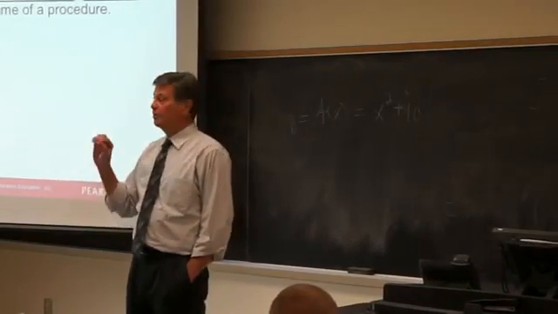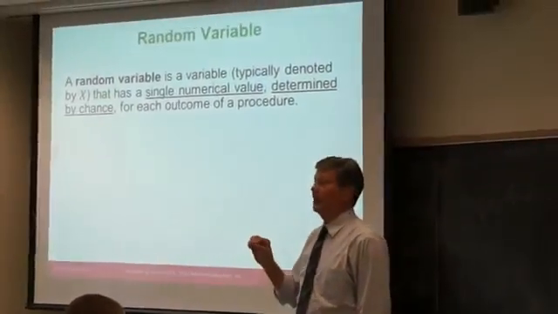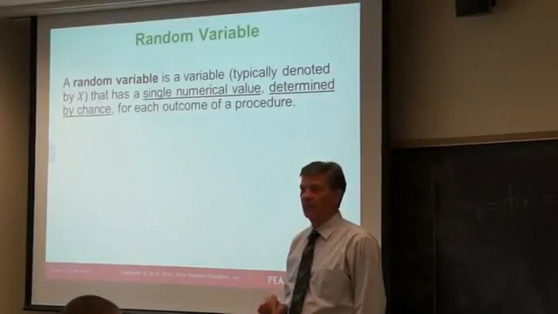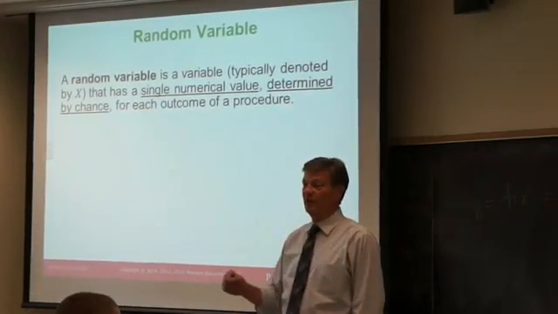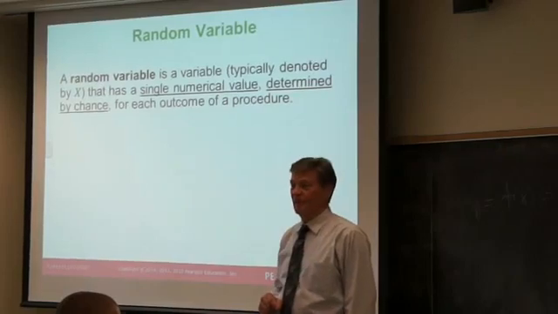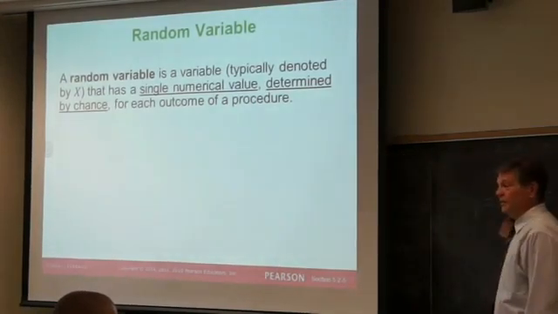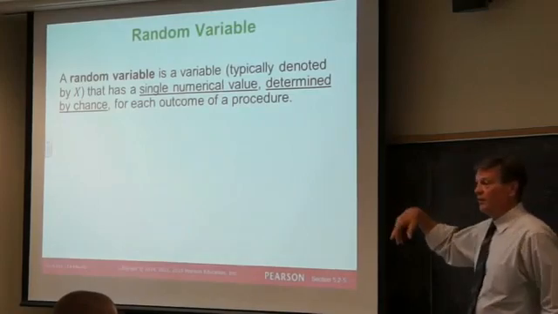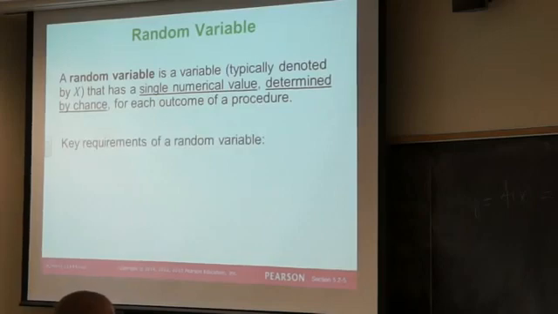I can tell you the probability that it will take on a particular value, but I can't tell you in advance of my experiment or my procedure what the value is going to be. That's the main idea, and a huge difference from what we're used to doing in math.